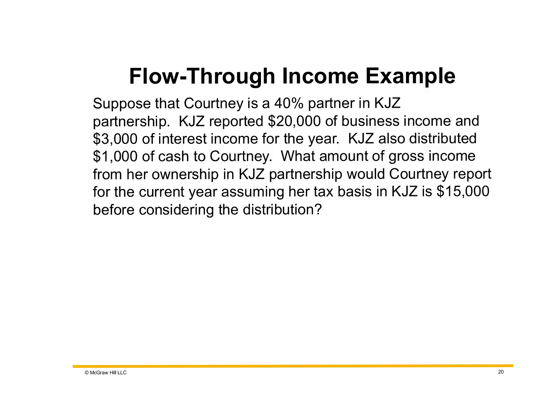Whenever I look at the facts in this problem, the first two things that stick out to me immediately are the $20,000 of business income and the $3,000 of interest income.